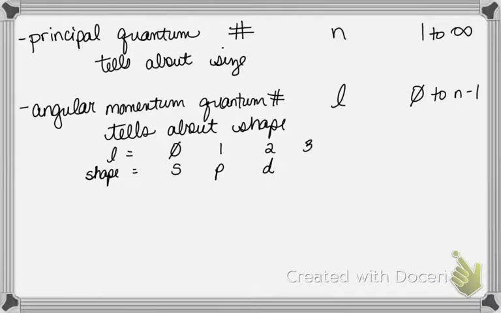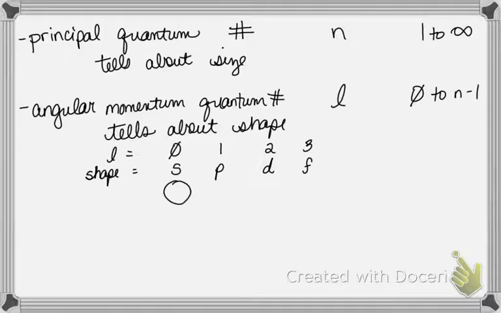And if L is equal to 3, it's referred to as an f orbital shape. And these shapes are talking about what kind of area the electron moves around in. The different shapes are talked about in your book on pages 259 and 260, but I'll go over some of these shapes with you. S orbitals have a spherical shape.